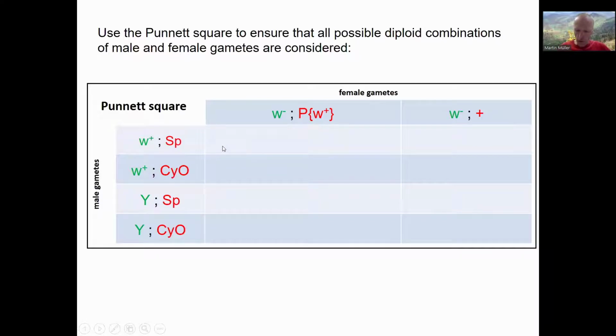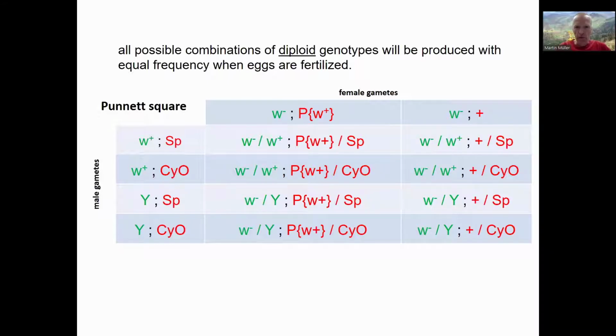And then you fill in this Punnett square by combining the female X with the male X, the female second chromosome with the male second chromosome. You do that for all 8 possibilities, and this easily gives you all the 8 genotypes resulting from this cross.